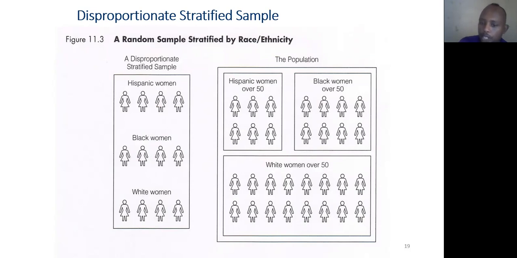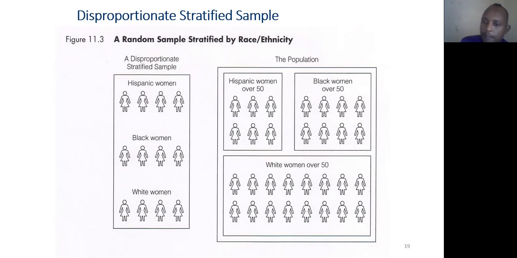That is disproportionate because the size of each stratum is not the same. Here we have 16, here we have 8, here we have only 6. But if we decide to take the same number, 4 from each stratum, at that time we are using the disproportionate stratified sampling method. Another thing we should check is that the members in each stratum should be homogeneous.